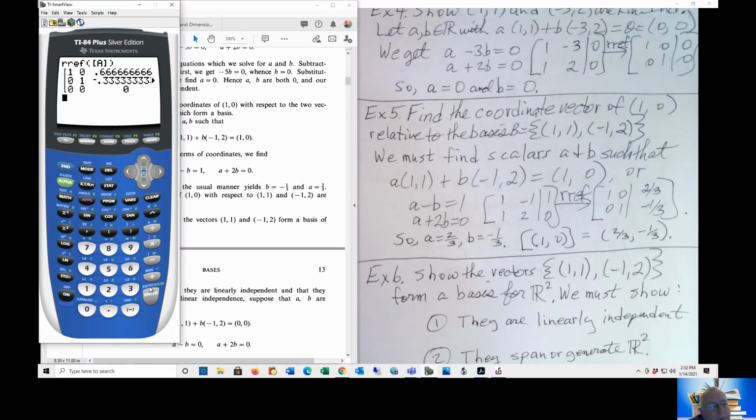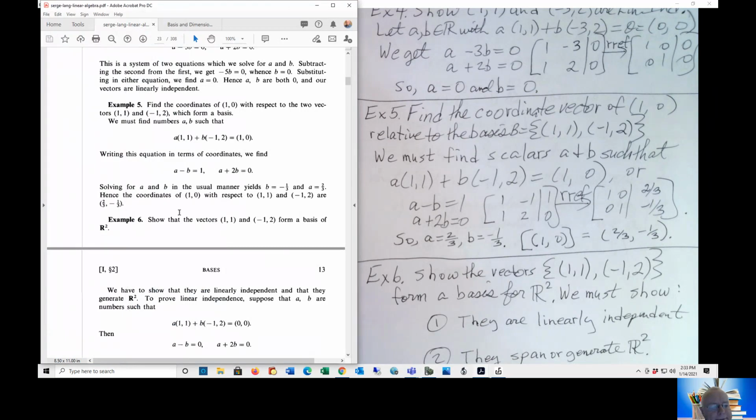You see a decimal. If you do math, number 1, fraction, then you have 2/3, negative 1/3. So that's how you do it on the calculator, and you see that the coordinate vector is (2/3, negative 1/3). Okay.